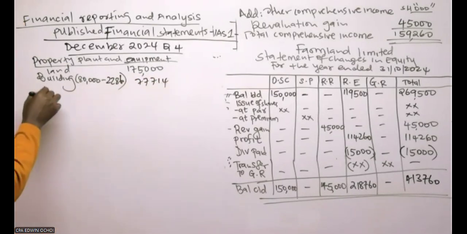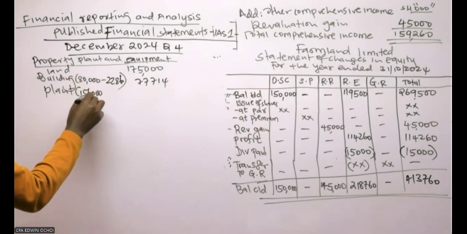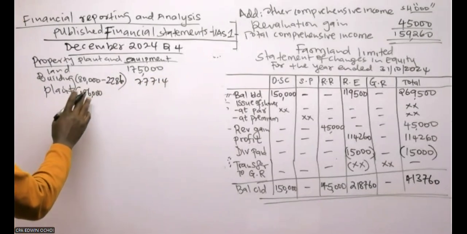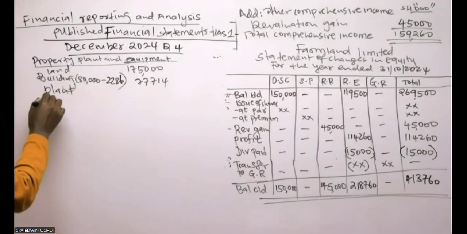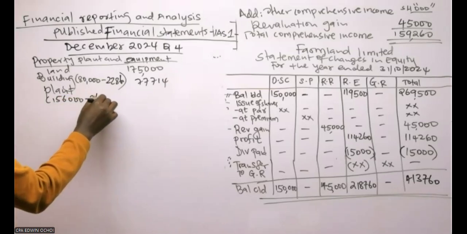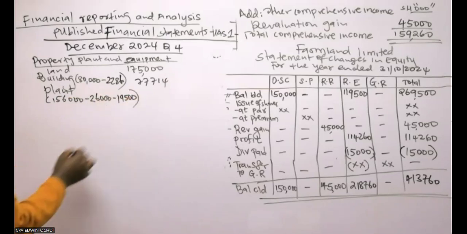And there was plant. Remember that it was 156,000, minus accumulated depreciation, minus depreciation for the year, reducing balance. So 156 minus 26, which is accumulated depreciation, minus depreciation for the year.